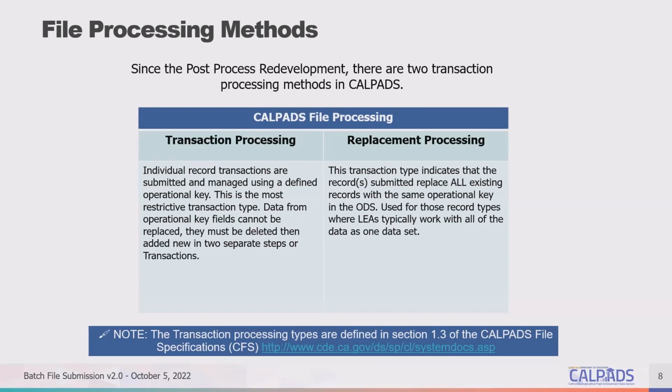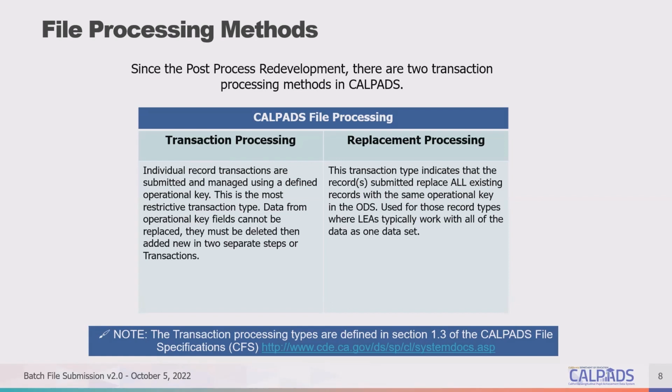Replacement processing is more liberal, and while it is easier to replace or edit records with replacement processing, you must understand that all the records in CALPADS with the same operational key are replaced or deleted with each submission.